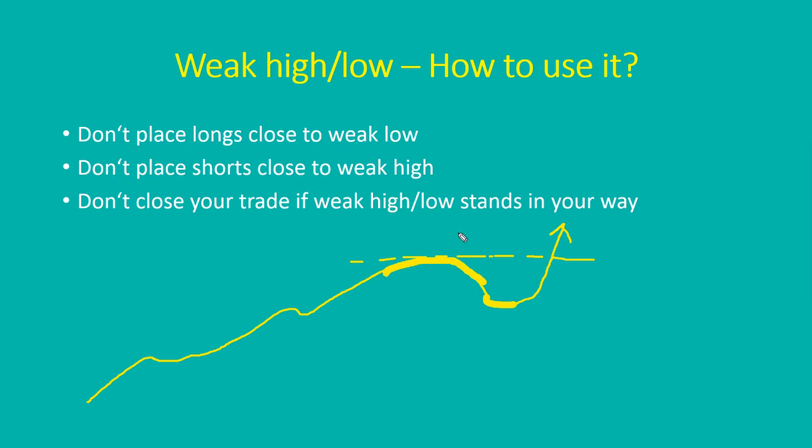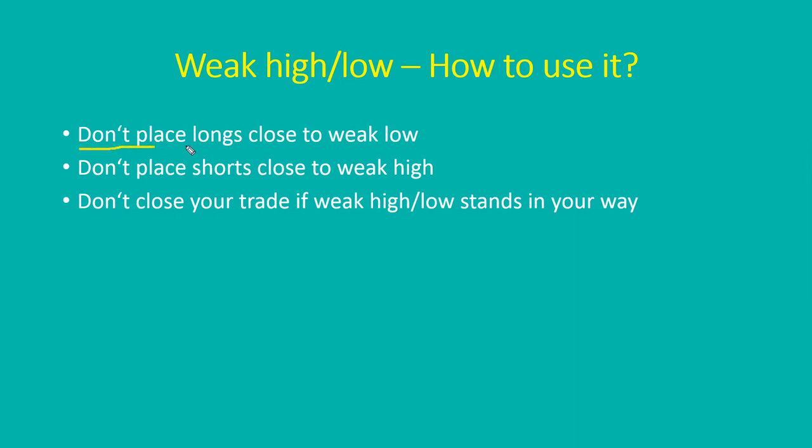There isn't a sign of aggressivity. So the price tests it again, it tests above it. So this is why you shouldn't place your shorts close to the weak high. All right, so it's not very clever to place shorts close to the weak high like this.